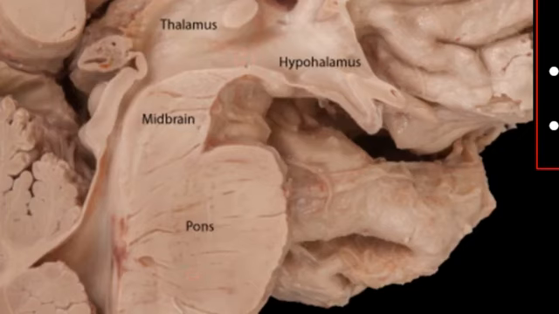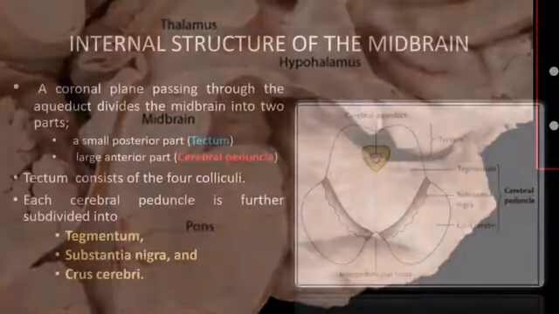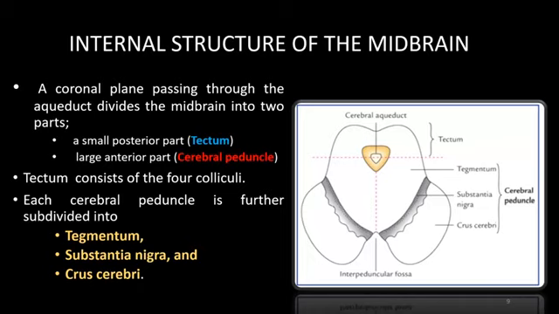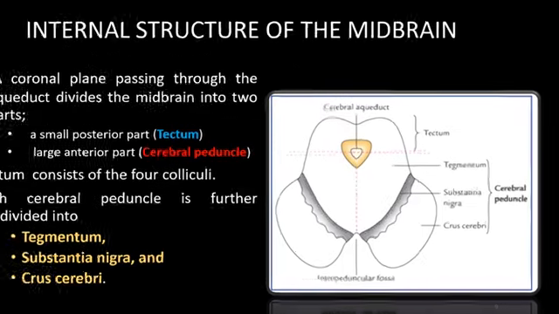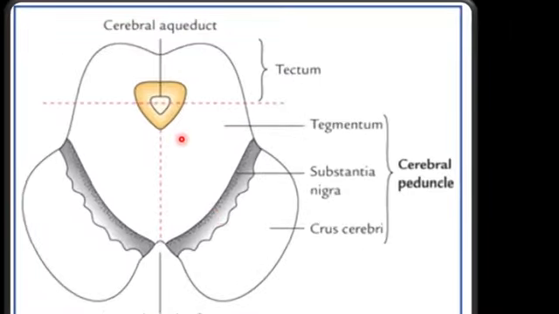Now we are set to move to the internal features of the midbrain. A coronal plane passing through the aqueduct divides the midbrain into 2 parts. Let us identify them. Here is a transverse section of the midbrain, and this is a coronal section cutting across.